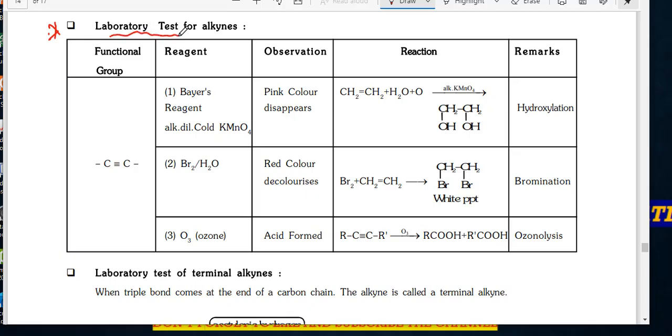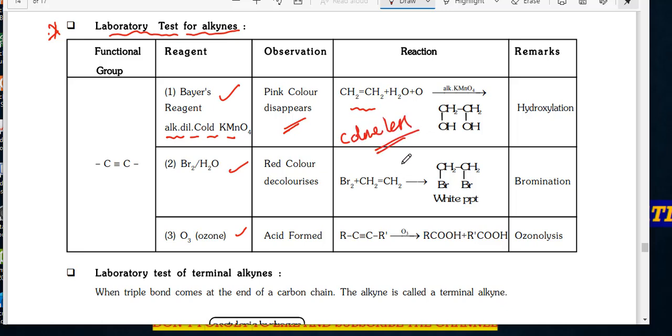Next, laboratory tests for alkynes or unsaturated compounds. First, alkynes give Bayer's test, bromine water test and ozone test. Bayer's test means alkaline dilute cold KMnO4. It appears pink in color. It is consumed in the presence of an unsaturated compound, that's why it becomes colorless.